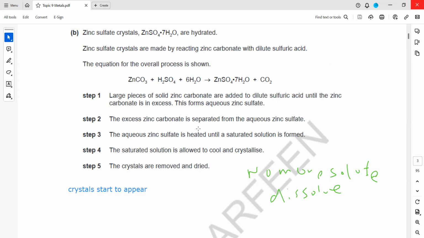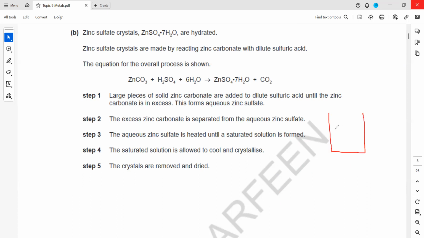So a saturated solution, this is not the dissolving part. Here we are doing a crystallization. Zinc sulfate was separated by filtration, but how do we know when we are heating it? We will not mention start settling. How do we know aqueous zinc sulfate is heated? We have a solution and we are supplying heat energy to this solution.